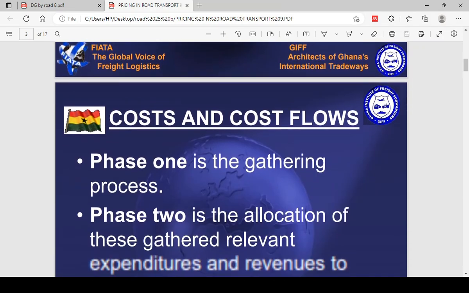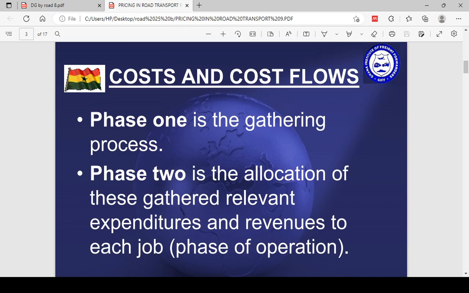So, when you cost something, anything that goes into the acquisition of the item, you have to cost. So you gather together, record, and analyze all the relevant expenditures and the revenue resulting from the purchase and operation of that particular asset. Phase 1 is the gathering process.